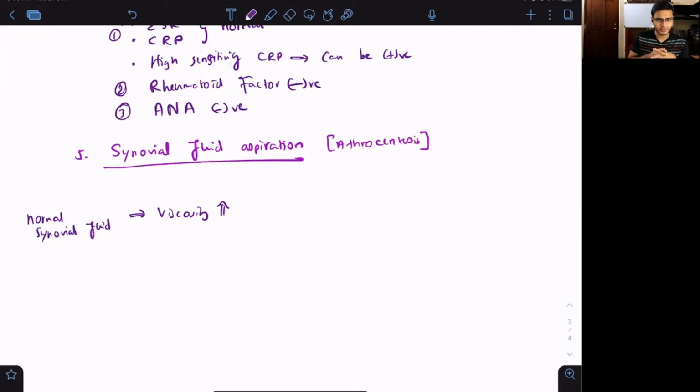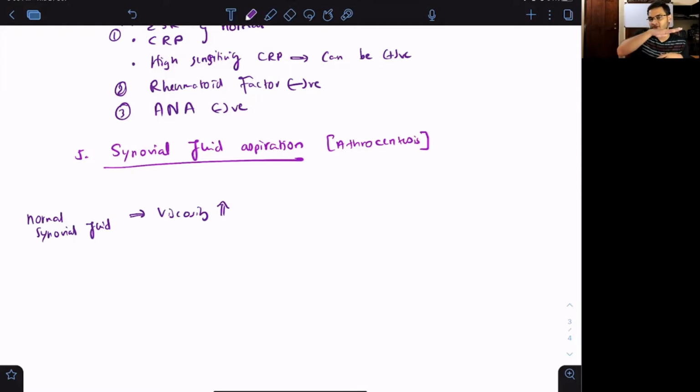True or false question. Synovial fluid aspiration in osteoarthritis shows reduced viscosity, or low viscosity. This is false, guys. In osteoarthritis, it is true that a little bit of hyaluronic acid and lubricin production will reduce, but added to that, at the same time, there is inflammatory infiltrate.